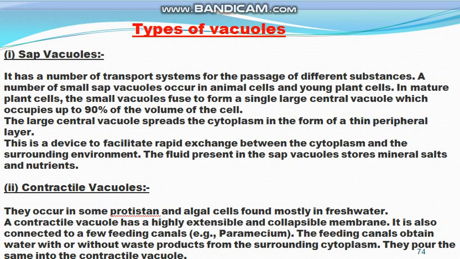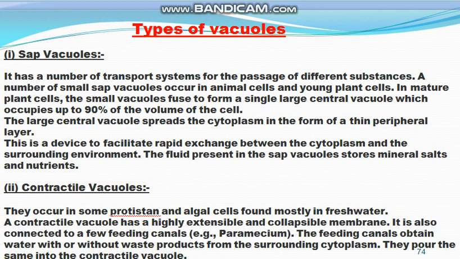It means that in plant cells, sap vacuoles occupy most of the volume of the cell, and the cytoplasm is present on the periphery, because in the center there is a big vacuole, and the vacuole is a device to facilitate rapid exchange between the cytoplasm and the surrounding environment. The fluid present in the sap vacuoles stores many mineral salts and nutrients. So this is about the sap vacuoles.